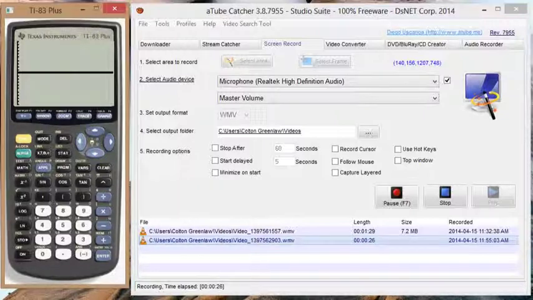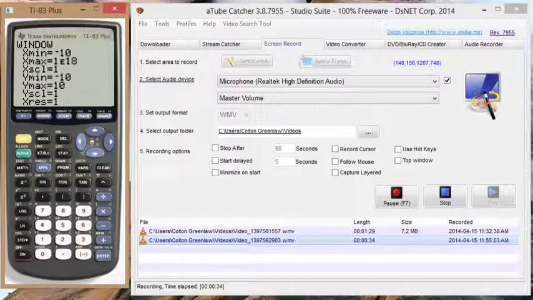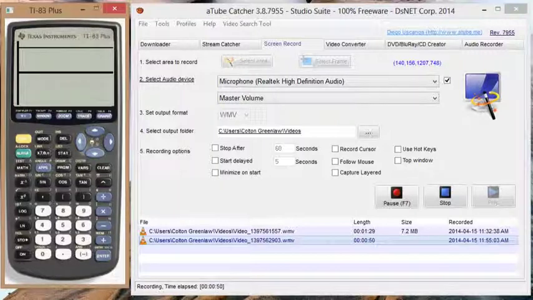What's the window? Make it go to a really large x value, and for y, go from like negative 50 to 50. And graph that. There's my line.